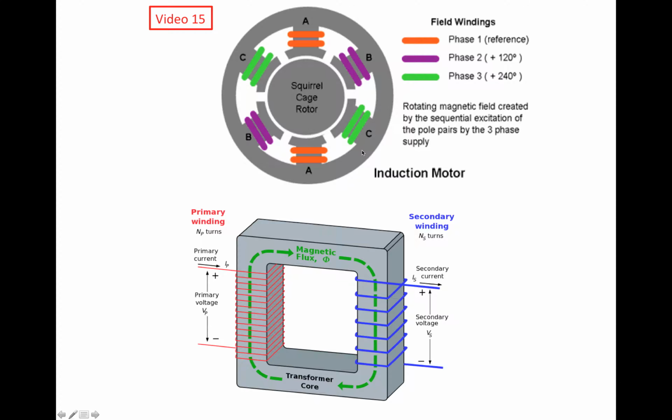So a common approach of studying the equivalent circuit of the induction machine is to start from the equivalent circuit of the transformer. If there are any differences between the induction machine and the transformer, we then modify the equivalent circuit of the transformer and incorporate those differences gradually.